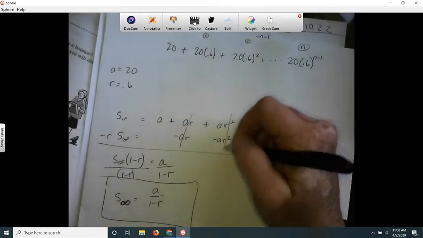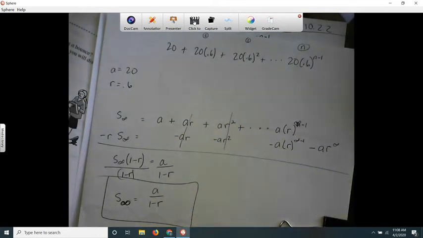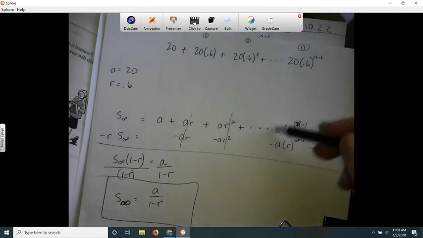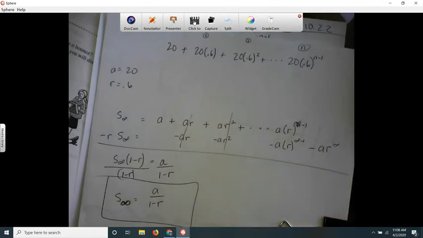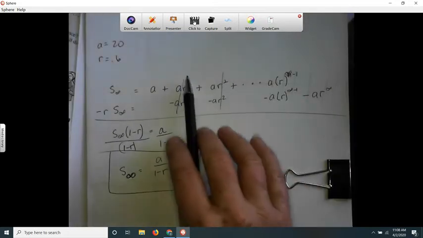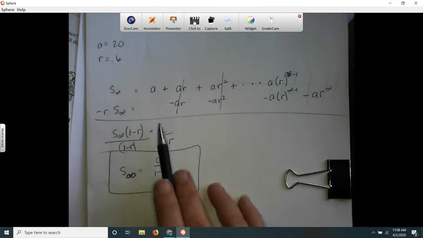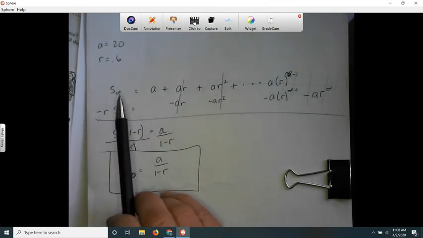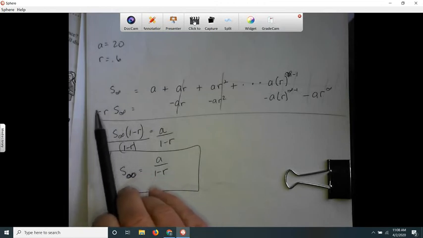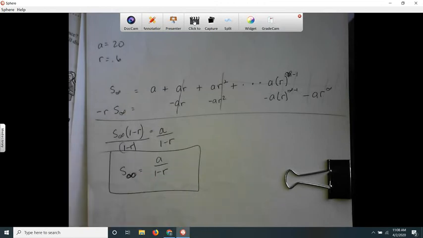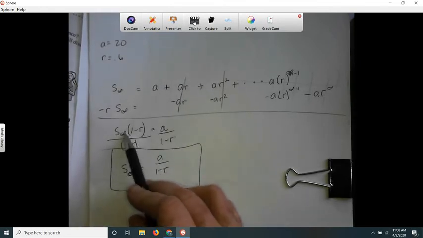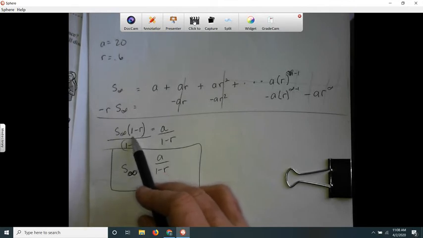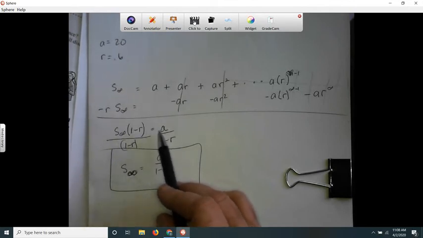But if this goes on forever and ever, they'll just keep canceling forever, and there'll never be a last term. So you'll end up with all this stuff canceling out, and you'll just have a on the right side. And then here you'll have s sub infinity minus r times s sub infinity. So if you factor out the s sub infinity, you'll have s sub infinity times 1 minus r is equal to a, and then you divide both sides by 1 minus r.